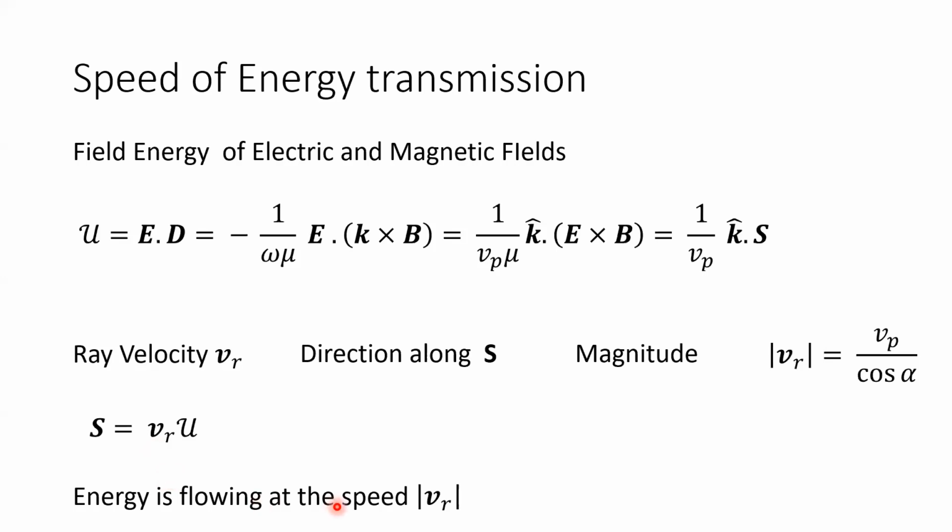So not only in general, the wave and the energy are moving in different directions, they are also moving with different speeds. VR is magnitude of wave velocity divided by cosine. Okay, so this is a very important relationship, which again is coming just from the properties of the anisotropic medium.